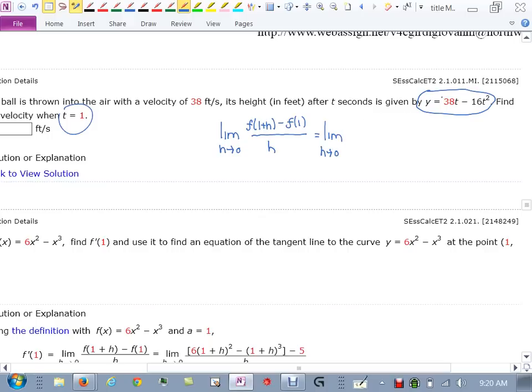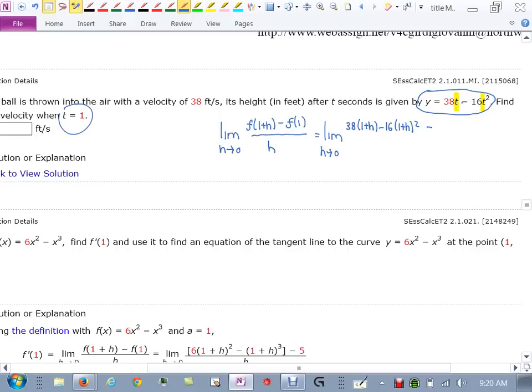Now I'm replacing my t in my formula with 1 plus h. So I have 38 times 1 plus h minus 16 times 1 plus h squared. And then I subtract from that f of 1.